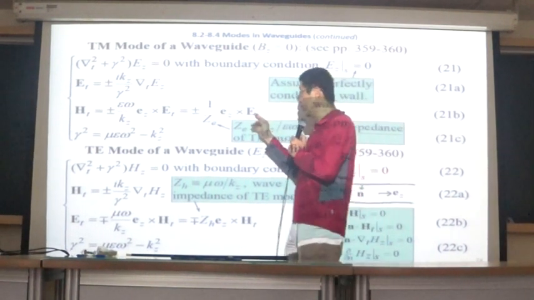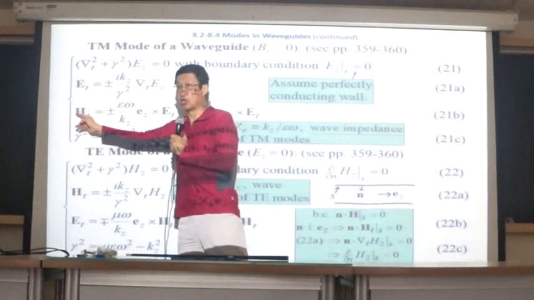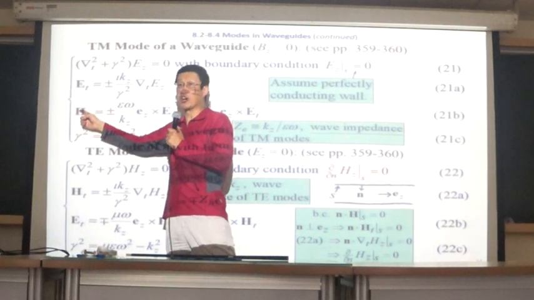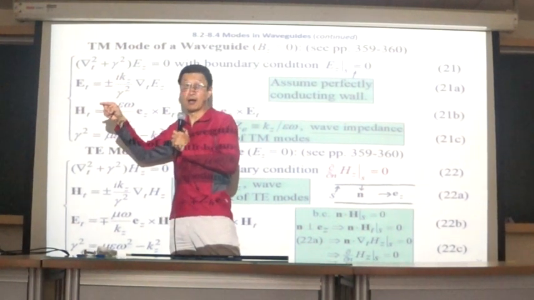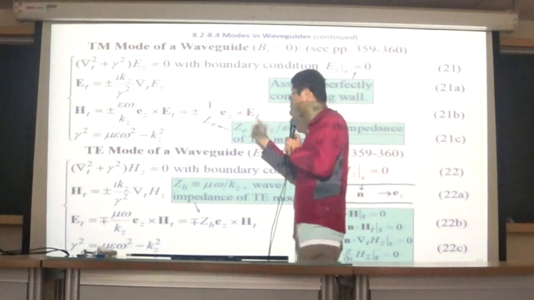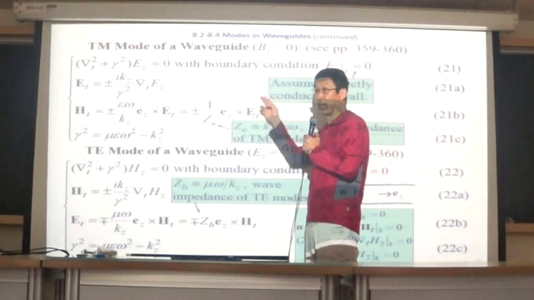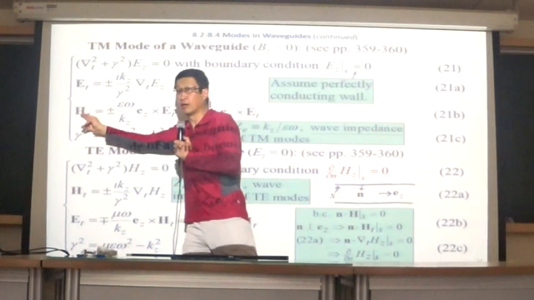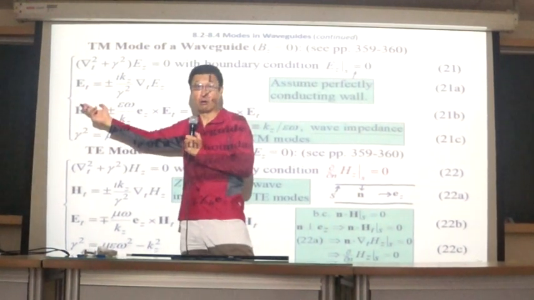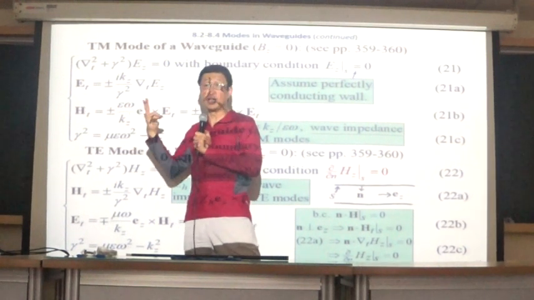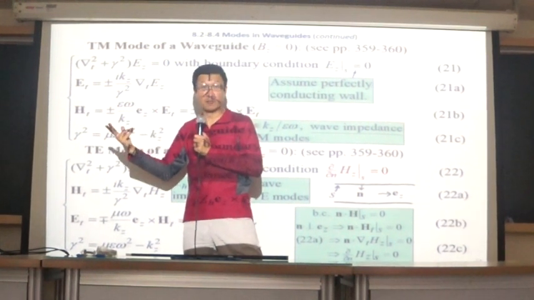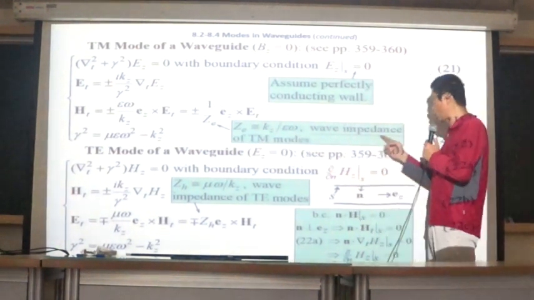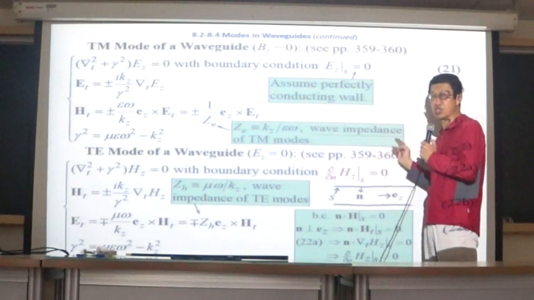This is E, this is H. Remember, from Ampere's law, H gives us the current I. From this one, we can calculate voltage. Voltage, current, Ohm's law. So the ratio should be ohms. Yes. So we define something called wave impedance.